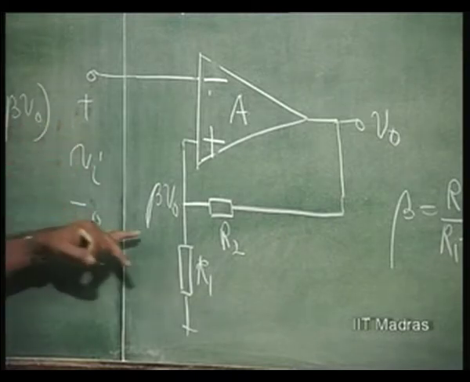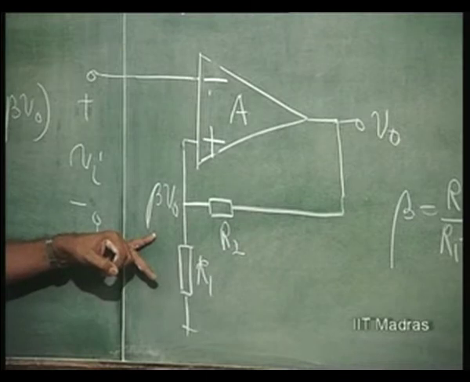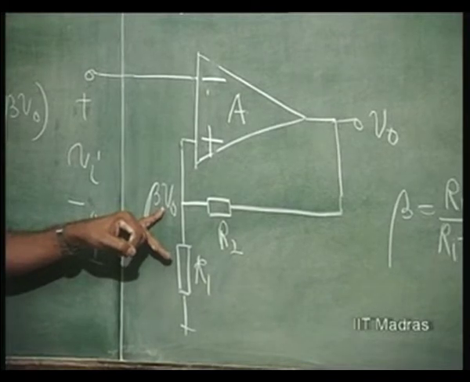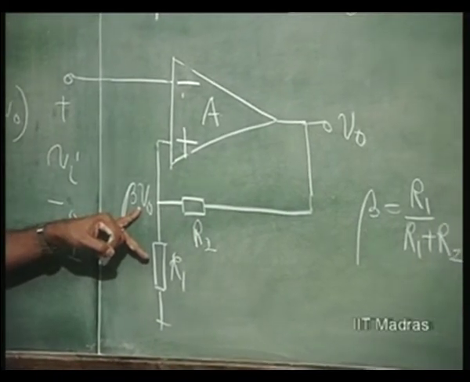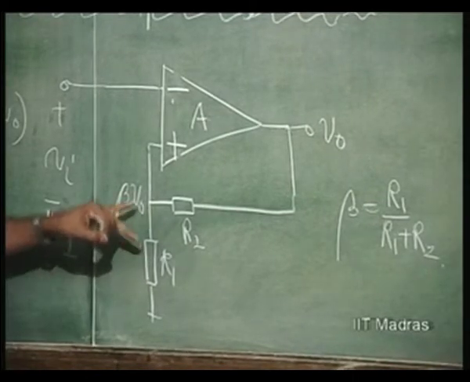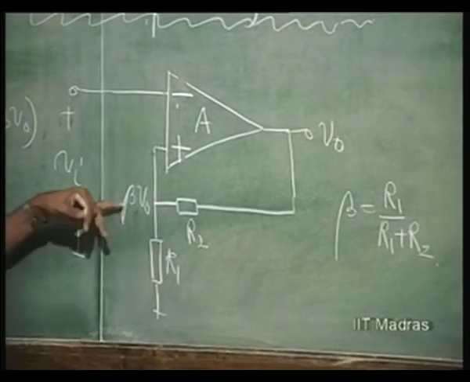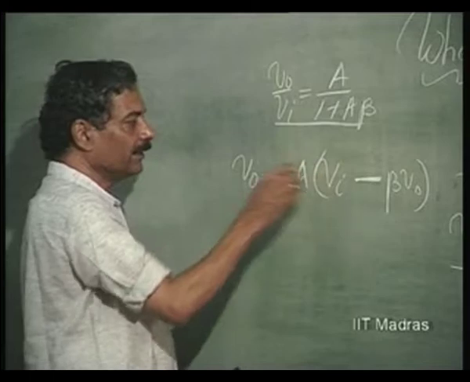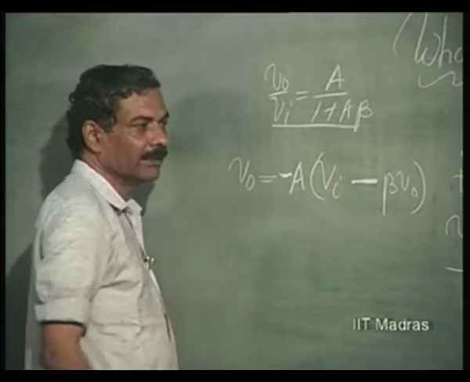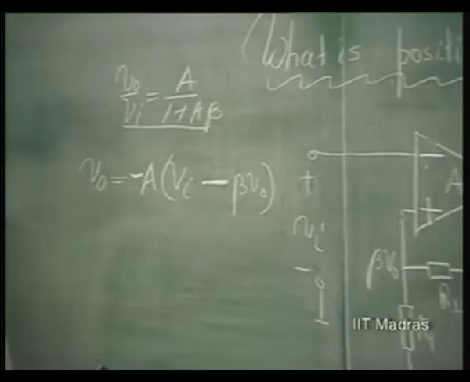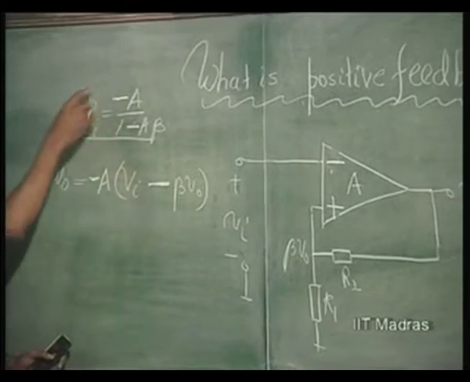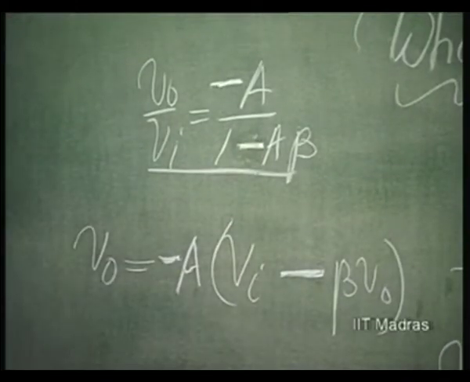Earlier Vi minus beta V naught was getting multiplied by A, but now Vi minus beta V naught is getting multiplied by minus A. Wherever A was there, put minus A and you will get the equation, because of the inversion. So, this becomes minus and this becomes minus. So, this is what happens with positive feedback. This is called positive feedback.